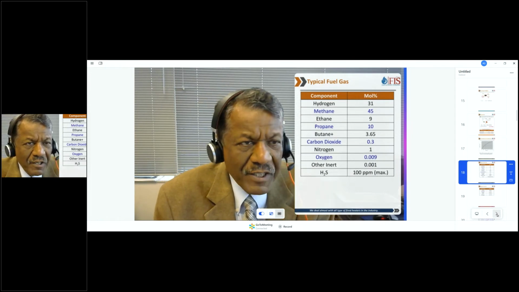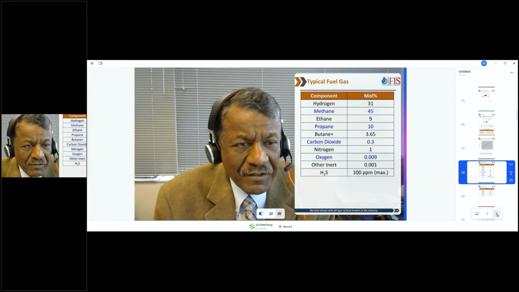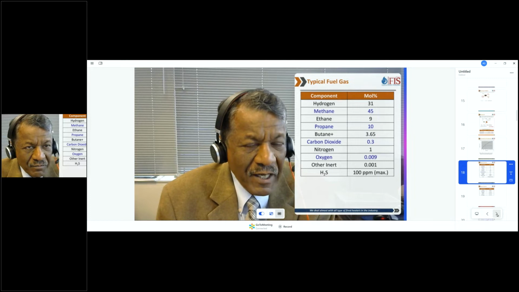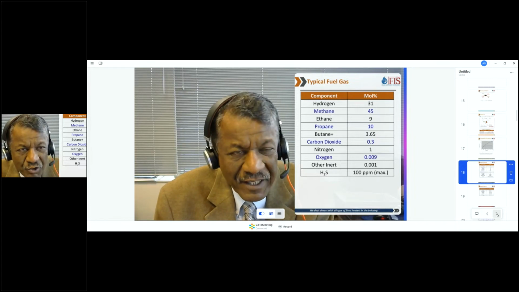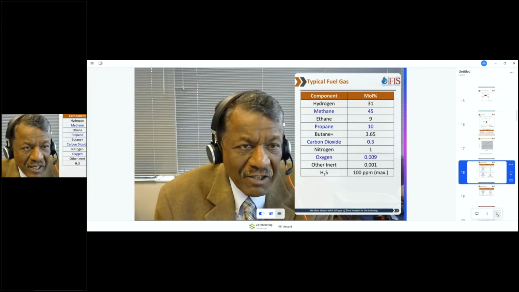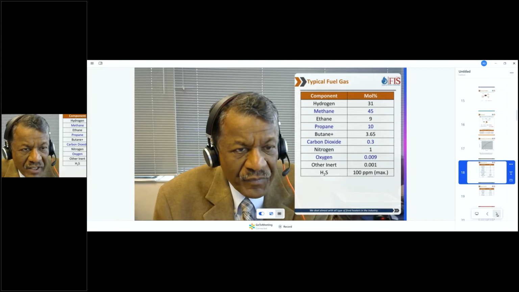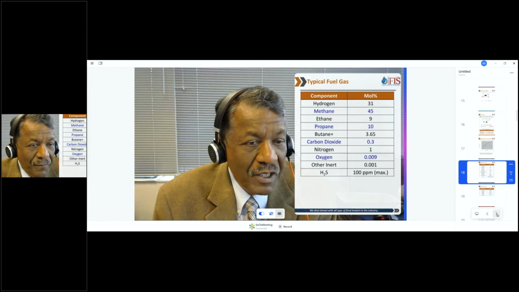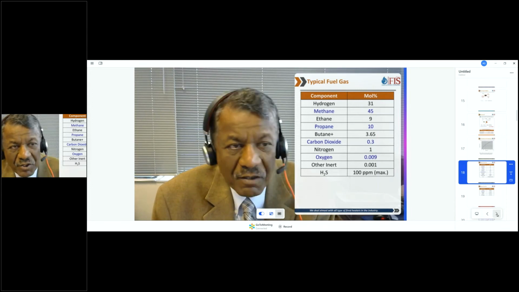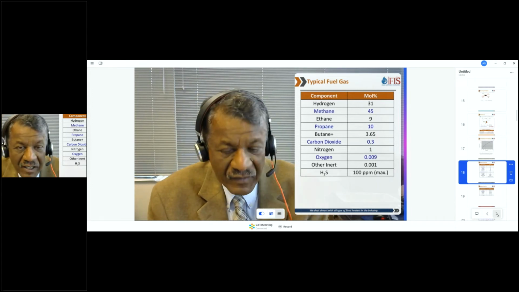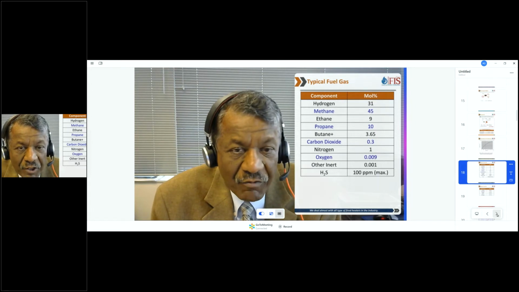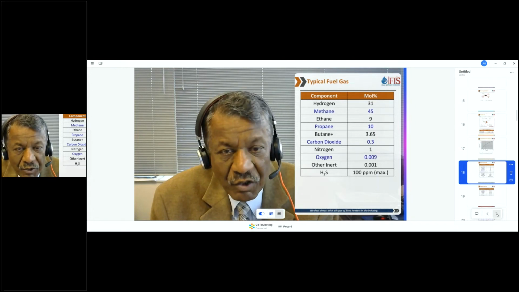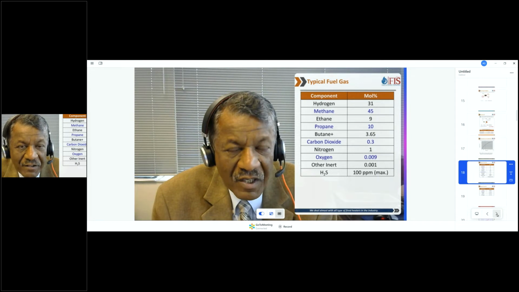So this is a typical fuel gas our team has put together, has different components: hydrogen, methane, carbon dioxide, nitrogen, inerts, and you can see H2S. That's a very typical composition. I mean, in fact, in refinery, whatever you cannot sell or whatever you cannot process is burnt.